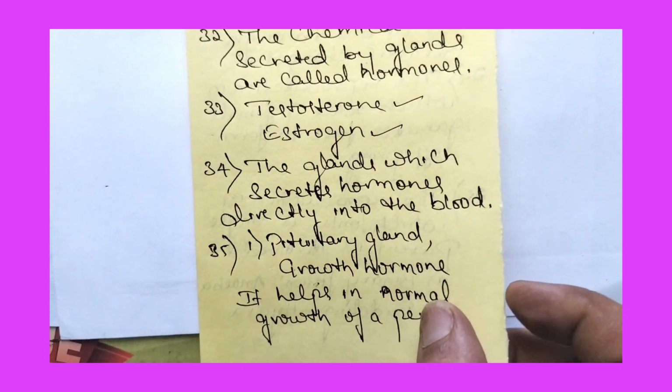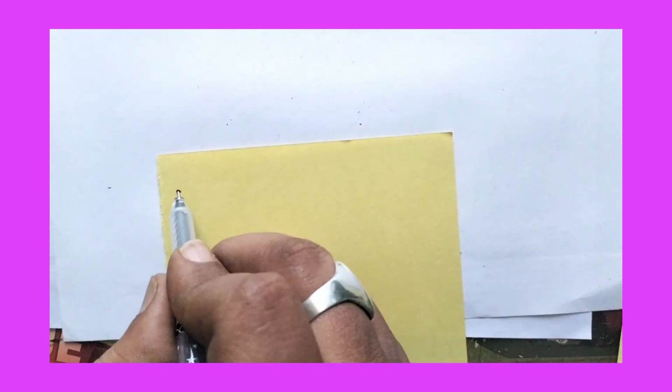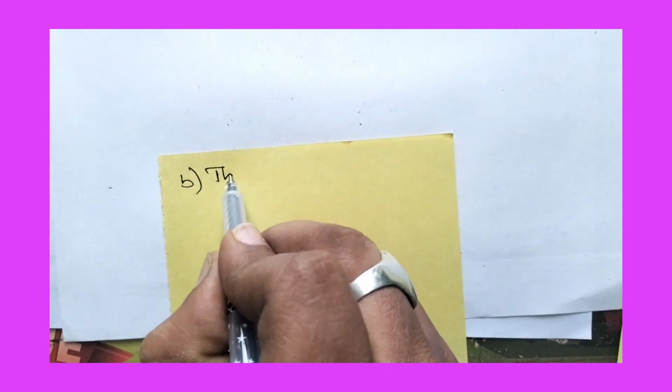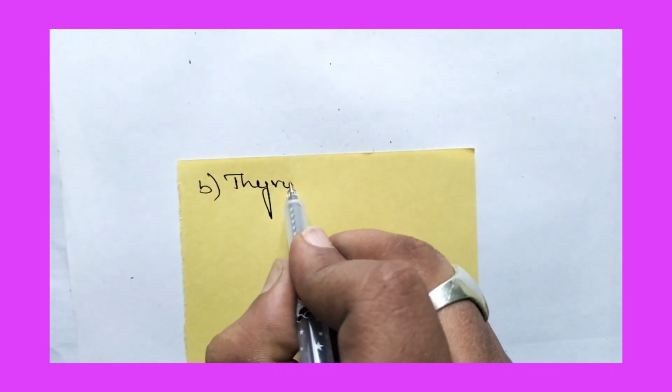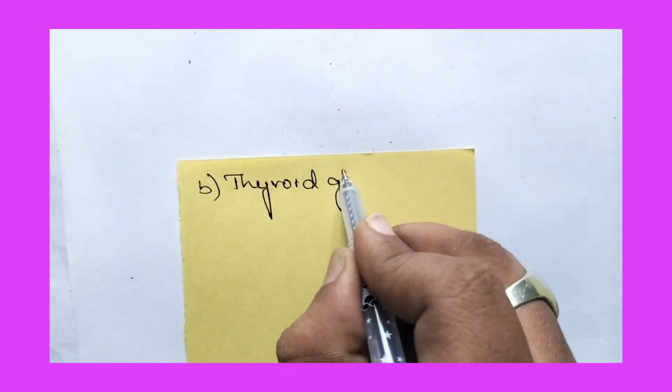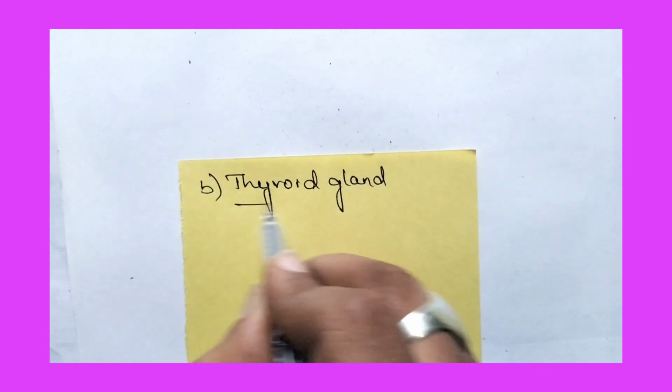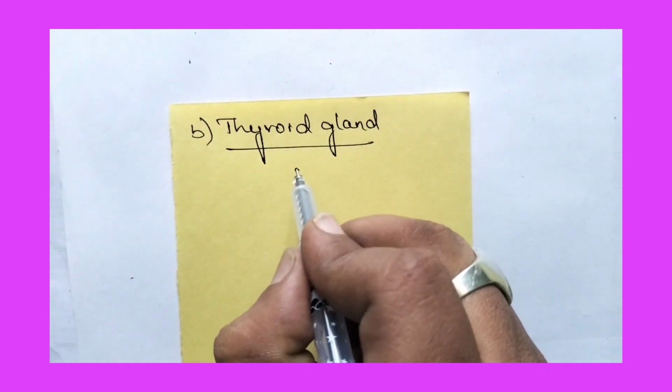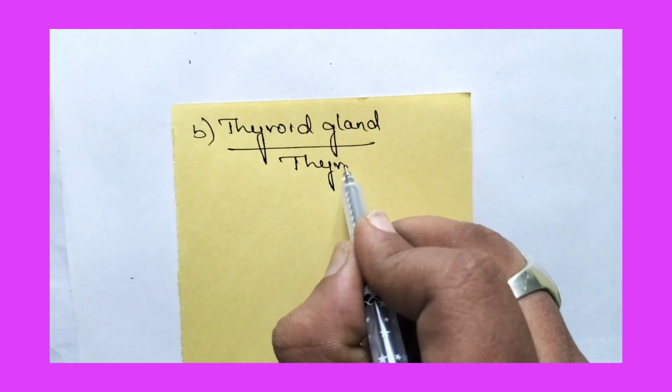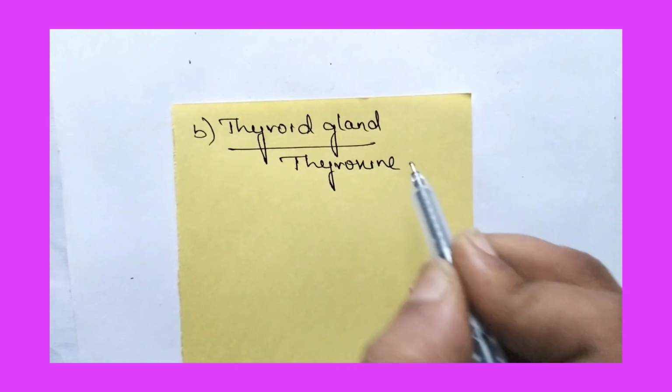Now let us move to the second type of gland, and that second type of gland is called the thyroid gland. This thyroid gland will secrete a hormone called thyroxine.